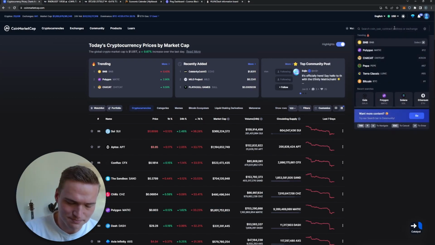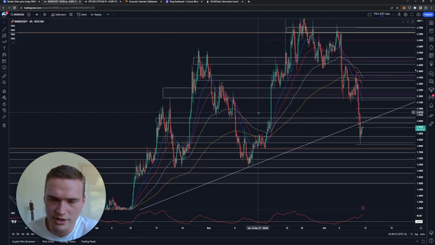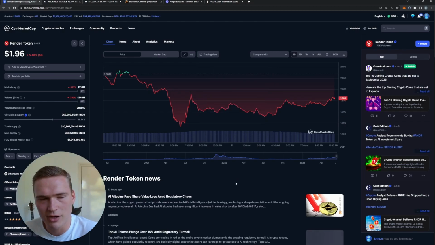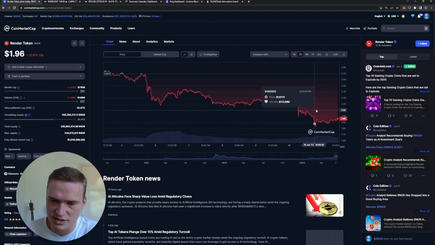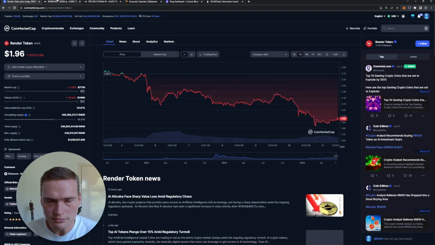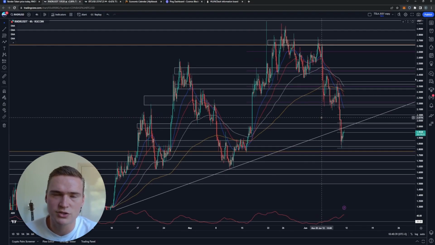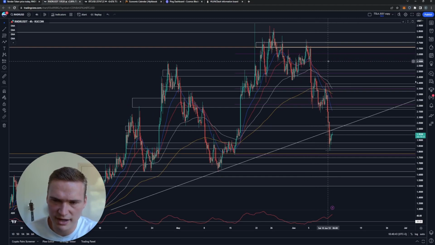But now into Render. We also post signals on Render, by the way, sometimes, but right now it's a bit unpredictable. If you take a look at Render right now, the volume is still pretty high at around 150 million. That's obviously also because of the selling pressure yesterday. But the thing which I think is very interesting with Render, and why I also wanted to make a video on that, is because this bearish momentum was kind of expected, right?